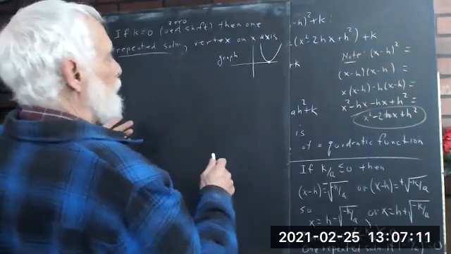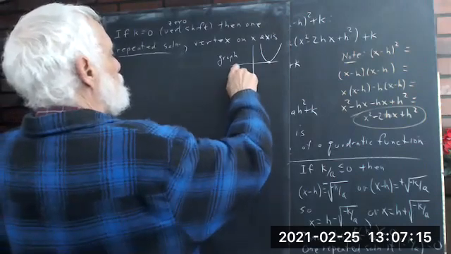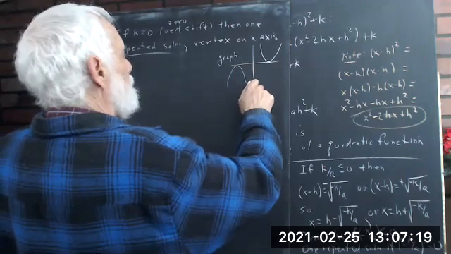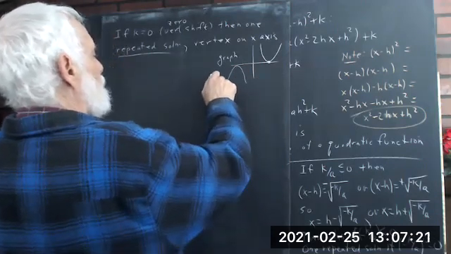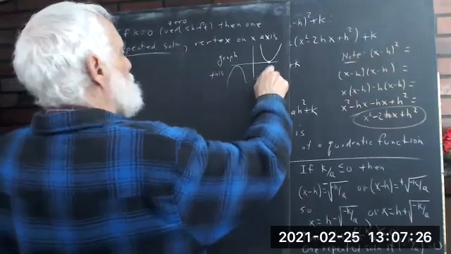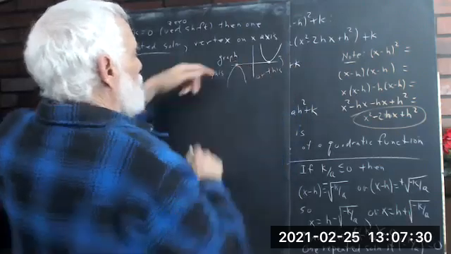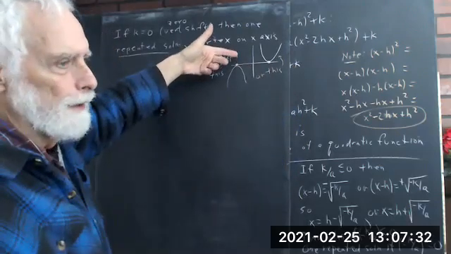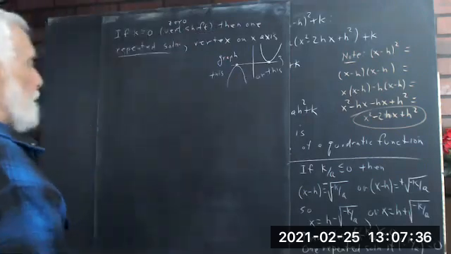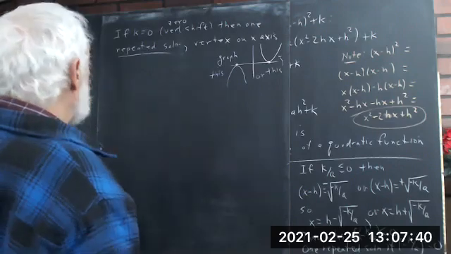So your graph would look like this, or maybe like this. If your a is negative, that's going to flip everything upside down, but there we have it.